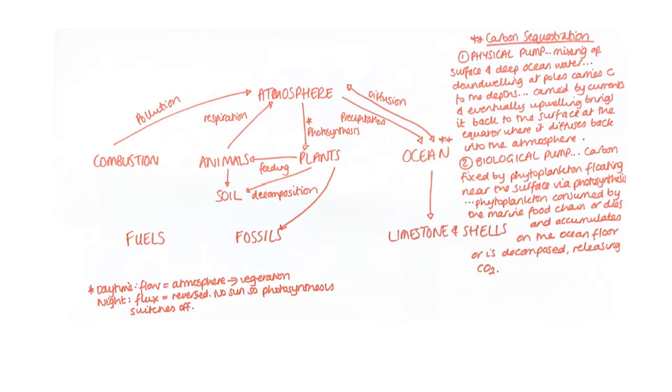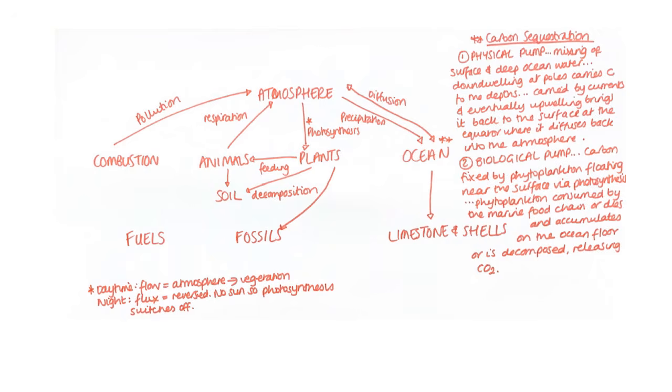So during the day, you've got a flow from the atmosphere to the vegetation via photosynthesis. At night, it's reversed because there's no sun, so no photosynthesis. You've got the diffusion from the atmosphere into the oceans, and you've got a little bit more detail there about carbon sequestration. So this is where carbon is taken in and stored.